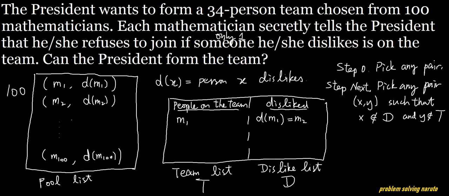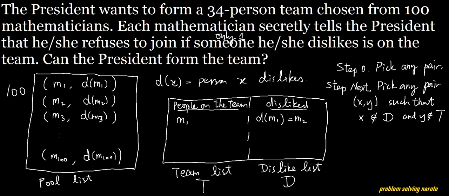So pick the next person such that this person is not disliked by any person on the team, and the person that this person dislikes is not on the team either. That is what this sentence means.